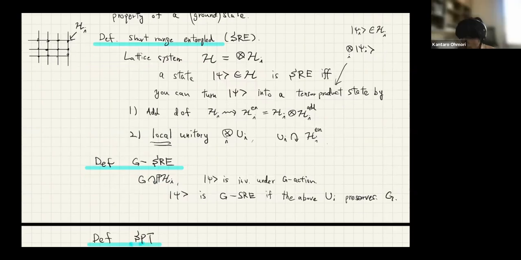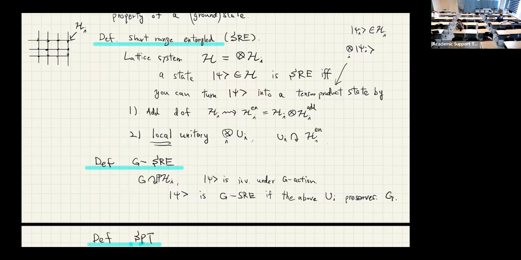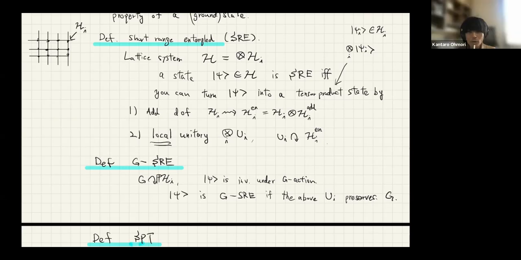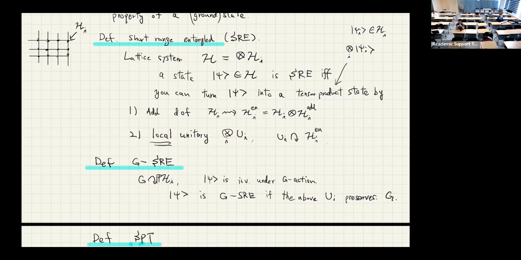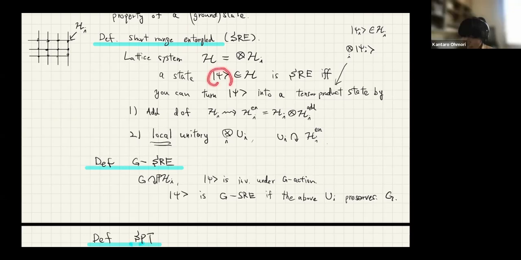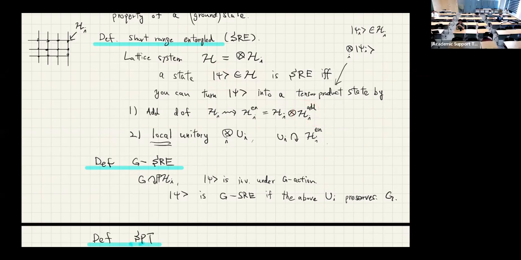Yeah, it's kind of artificial. Precisely, you should first define what is HI8. Then you can define what is SRE, and then you can say what is SPT. The definition of SPT or SRE here is that, given a state, you try whatever choice. So HI add is not fixed.